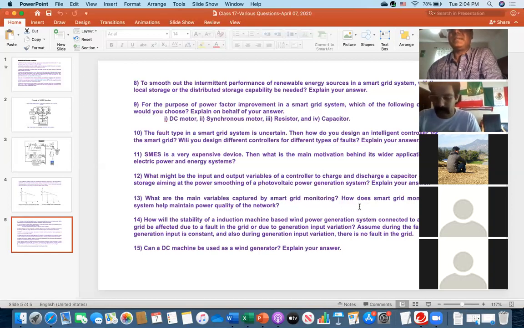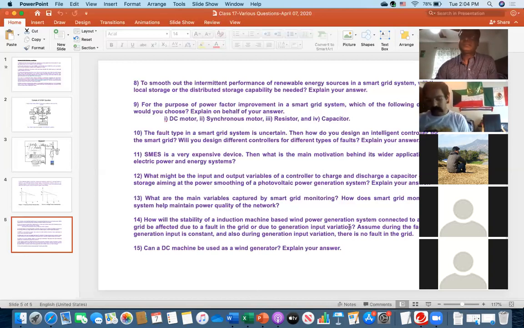In that way, smart grid monitoring is helping maintain the power quality. This smart grid is kind of the main decision maker. It is getting all signals and it is producing the required signal and sending the command or decision to various controllers. And in that way, it is helping maintain the power quality and stability of the overall network. Is this fine?